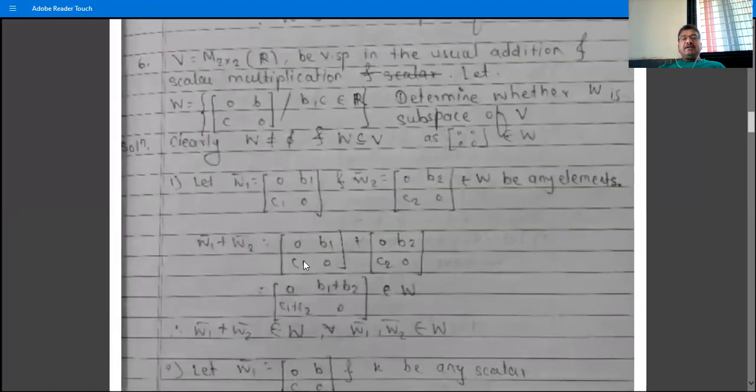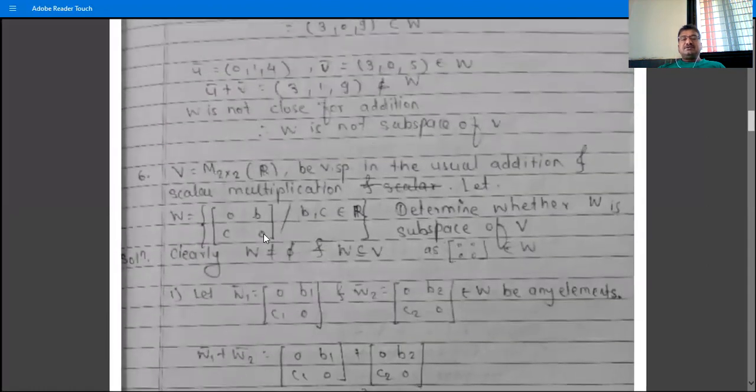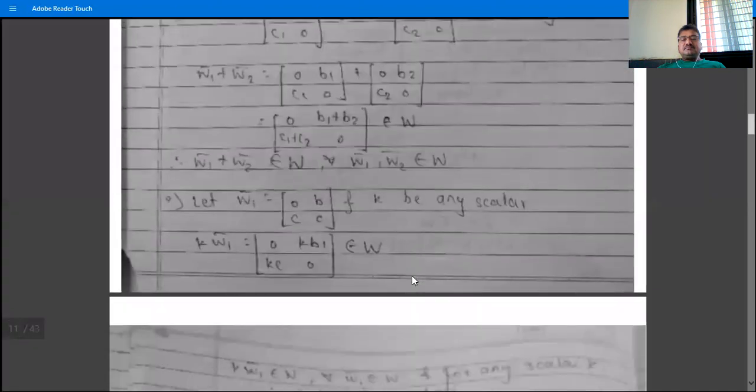So K times 0 is 0, KB, not B1, then KC, and K times 0 is 0. And this is again an element of W, because this element is of this type [0, B; C, 0], and it is a 2×2 matrix. So it is an element of W, and therefore K W1 belongs to W for all W1 belonging to W, and for any scalar K.